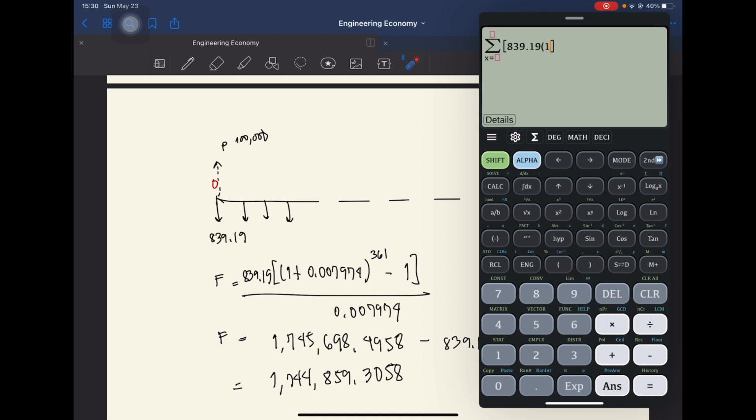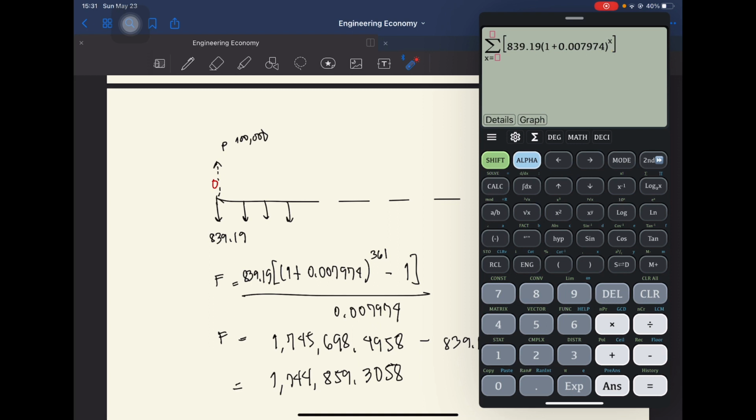Tapos ang interest rate per month is 0.007974, tapos raised to x. Tapos, sigma kasi addition yan, repeated addition.